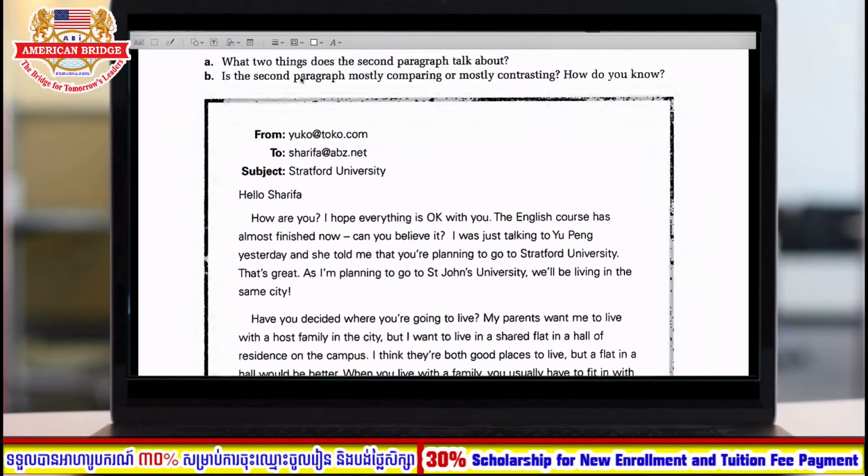And B, is the second paragraph mostly comparing or mostly contrasting? How do you think about it? How do you know whether it is comparing or contrasting? So let's break down this email and find out the answer together, so you will understand the nature of a compare and contrast paragraph.